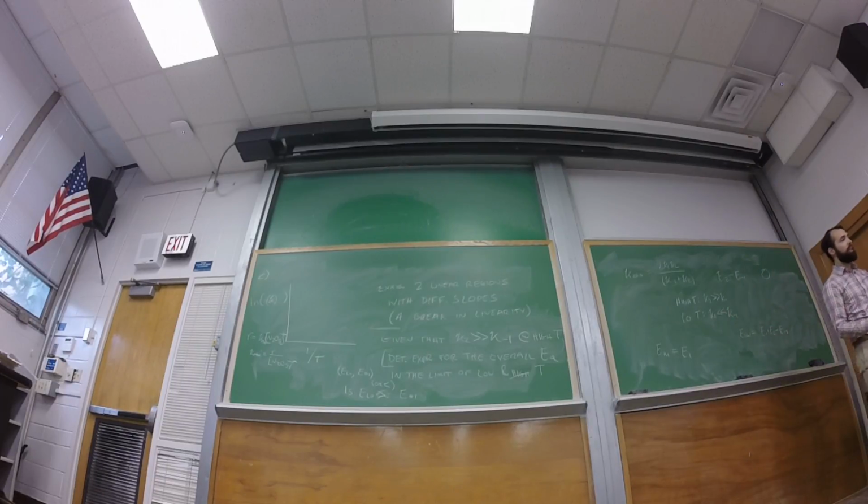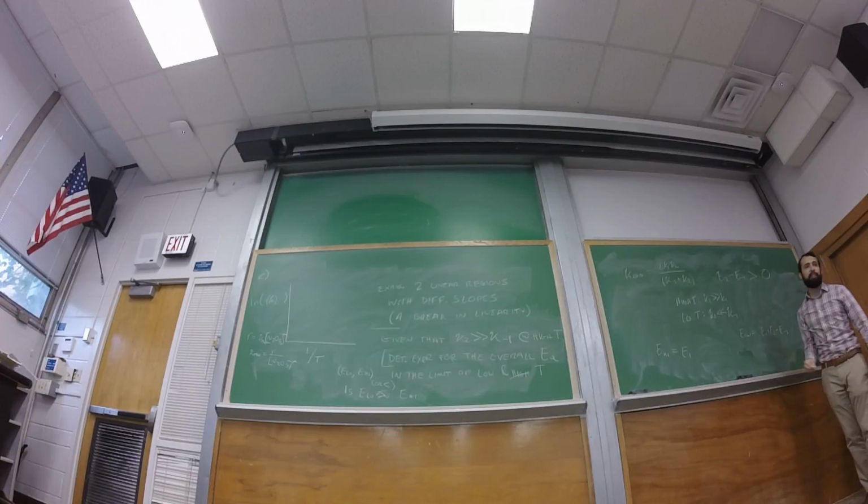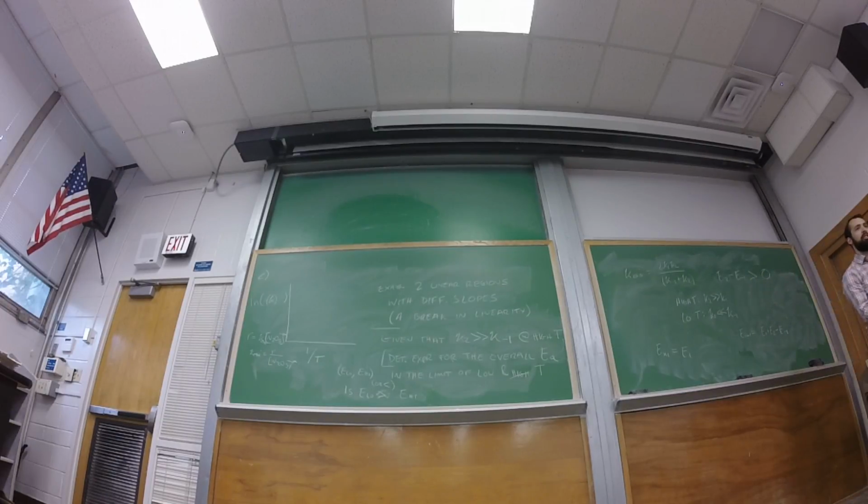So if I know that those two things are true, what do I know about their relative activation energies? Greater than or less than? Everybody see that? Does everybody know why?